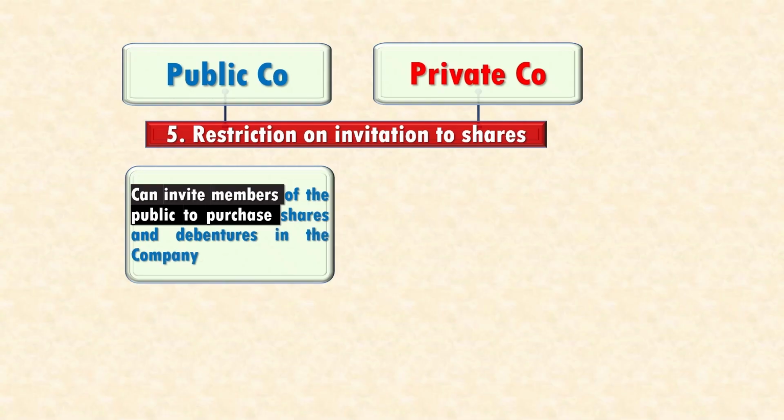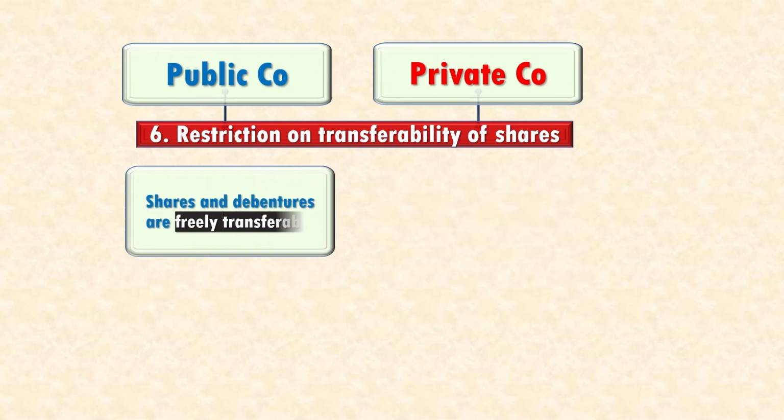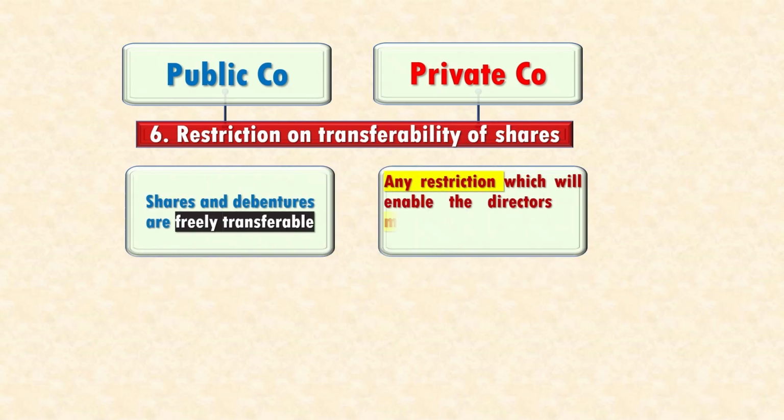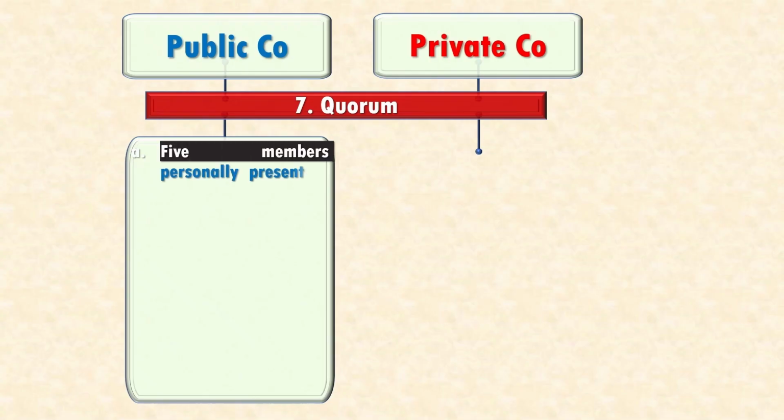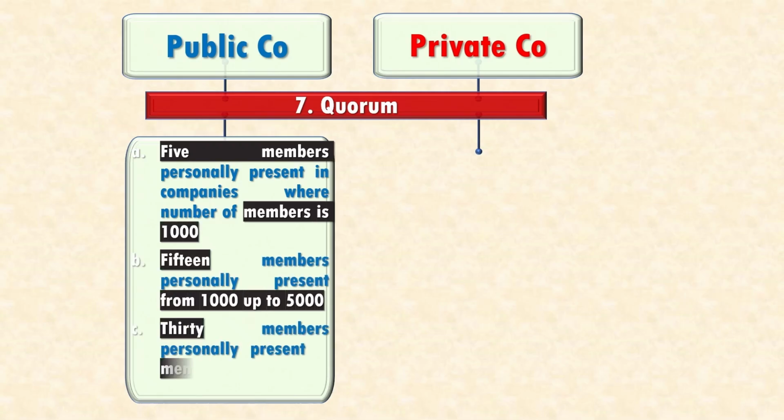Invitation to shares to the public: a public company can do, a private company is prohibited. Transferability of shares: free transferability in public, restriction permitted in private. Quorum depends on the total number of members for a members' meeting.